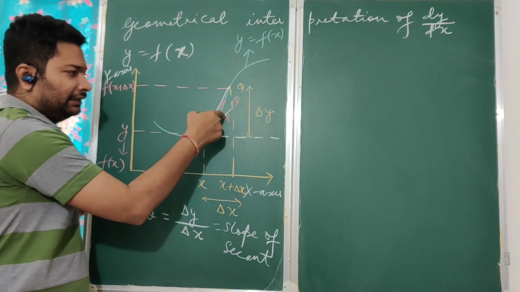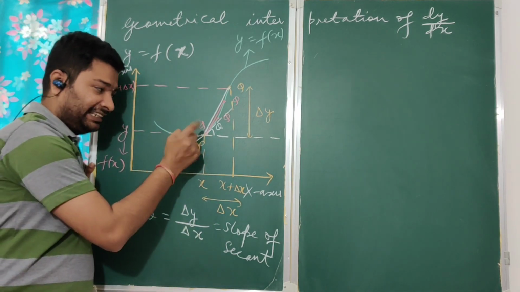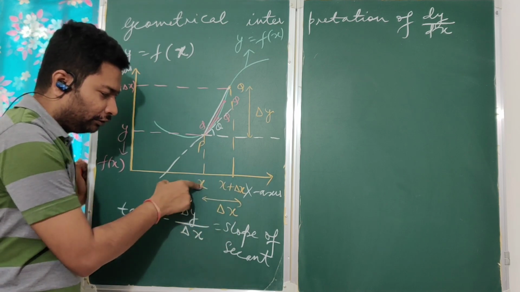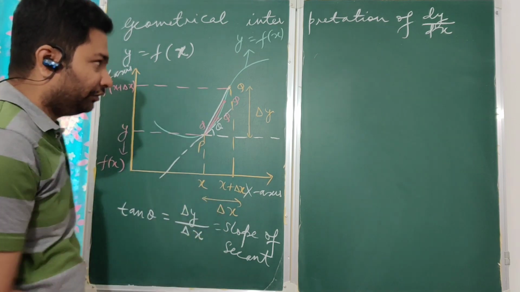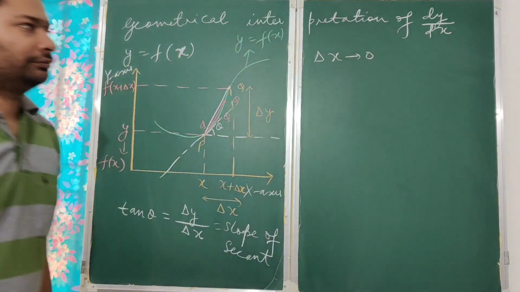So when this Q is very next to P, but not exactly lying on P, can we say that x plus del x has come very close to x, and this del x is almost tending to 0?